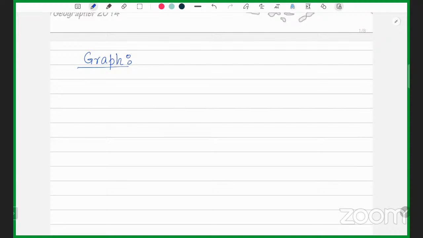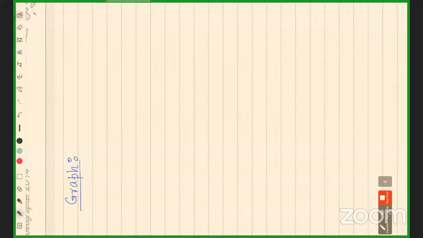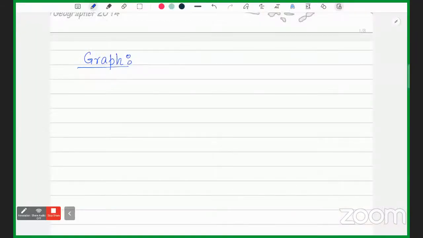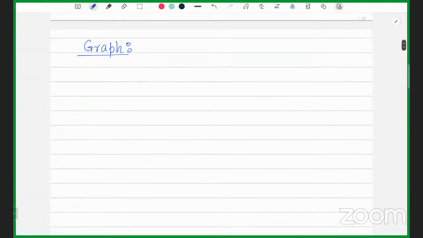So for a graph, suppose, let's say I talk about two cities, city A and city B, then there is supposedly a road connecting the two cities.